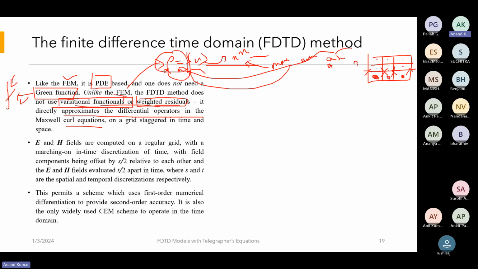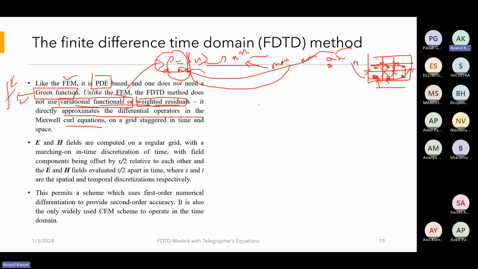Then use the values of these two magnetic fields to find the electric field value over here, and these two to find the electric field value over here. And then when you have these, you can find the magnetic field value over here. So everything happens very locally. You don't have to solve any integral or any big problem. You just add and subtract these values, and that's all there is to the FDTD method. So it's very simple, hence it is very popular among students.